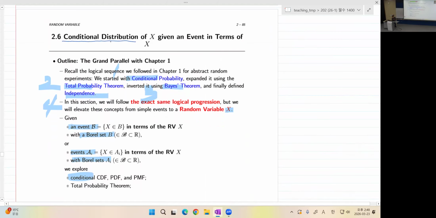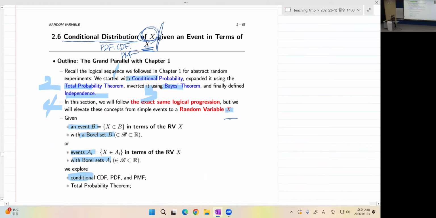Conditional distribution. Here, distribution means if you want the PDF, CDF, or probability mass function of random variable X. Now we have a condition given an event in terms of that random variable. So what we are going to see is something like this.